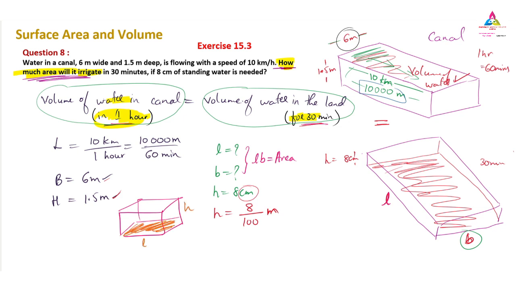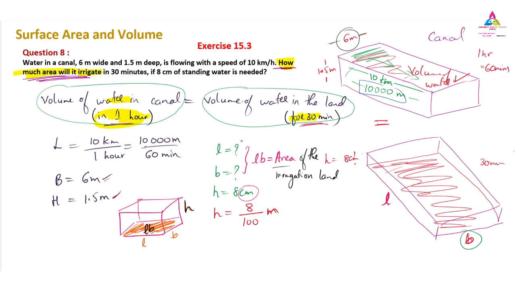The area of the bottom is L and B, that is LB, length into breadth, and we have to multiply with the height. So LBH. So L into B is nothing but the area of the irrigation land. That is the irrigation land, how much area the water we have to fill. So this is the whole thing you require.